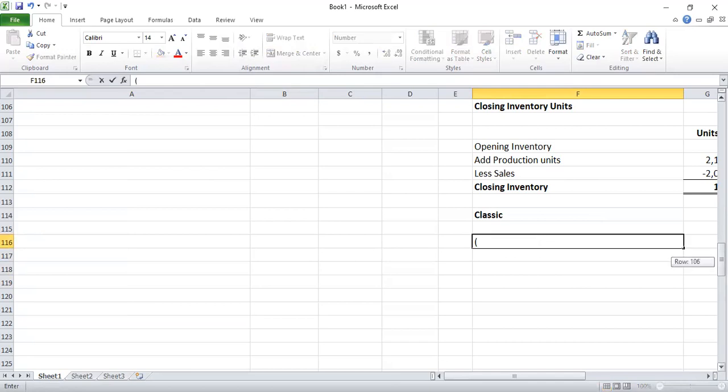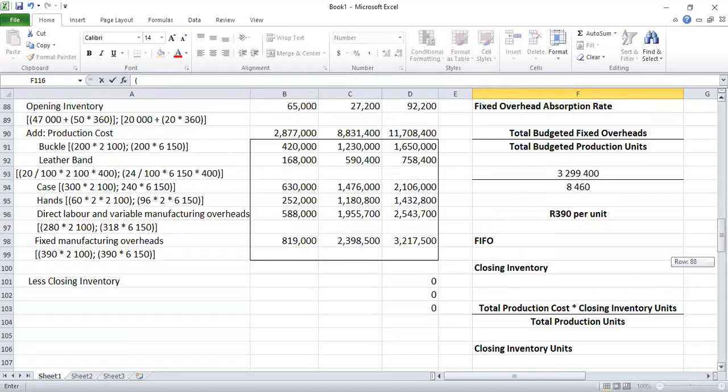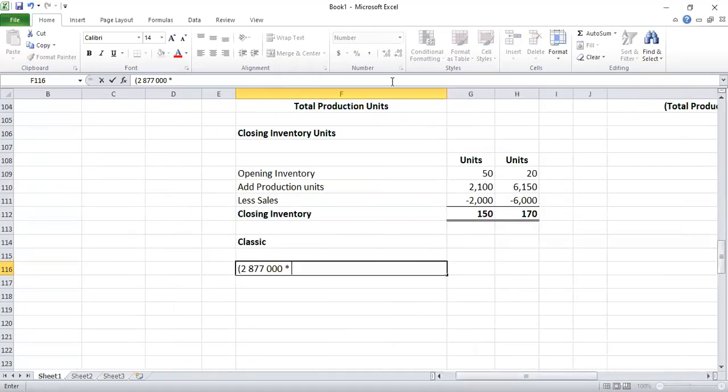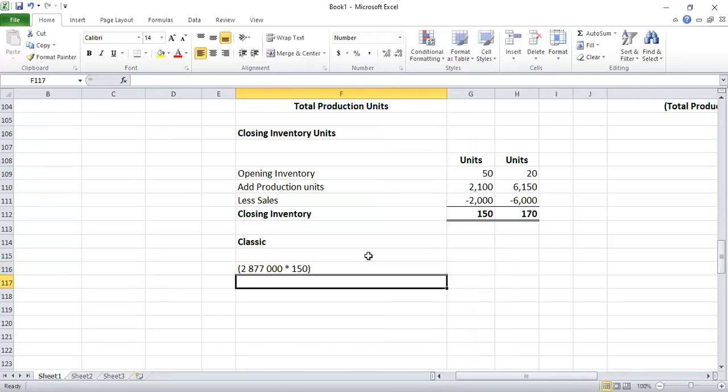But these are just for your knowledge. So it'd say 2,877,000 multiplied by the units (150), the closing inventory, divided by the production units 2,100.